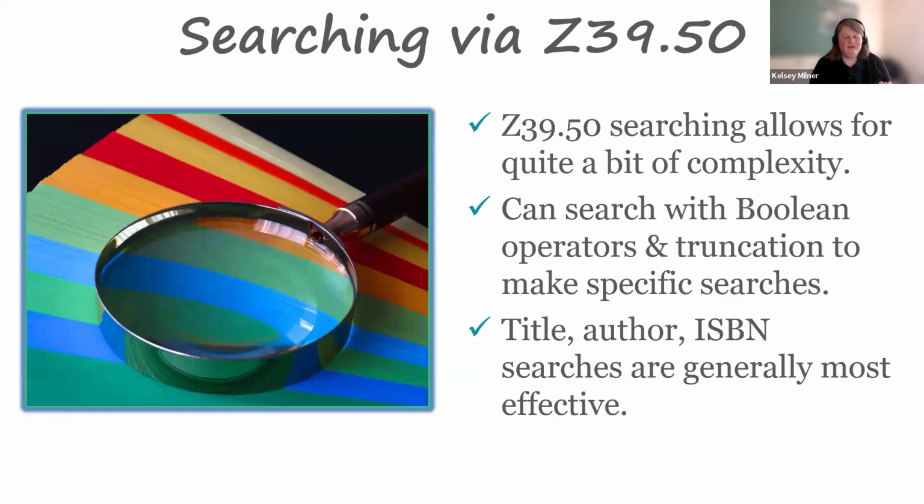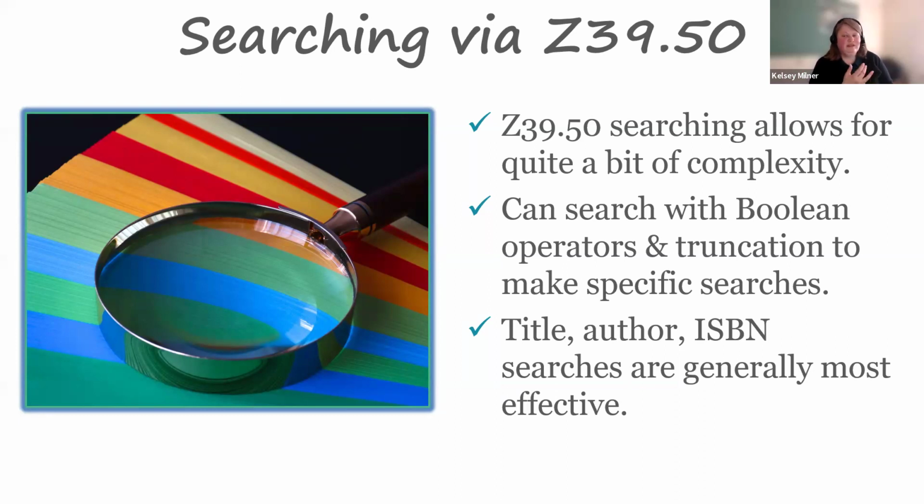Now I'd like to drill down a bit and discuss how Z39.50 works when it comes to searching. The structure of Z39.50 actually allows for pretty robust searches. Users can search using a variety of Boolean operators. Title, author, and ISBN searches are often the most effective searches. However, and this is something I'm going to go into in more detail when we're doing some search techniques in the SEAL catalog, in some instances you can search keywords from other fields in a record.